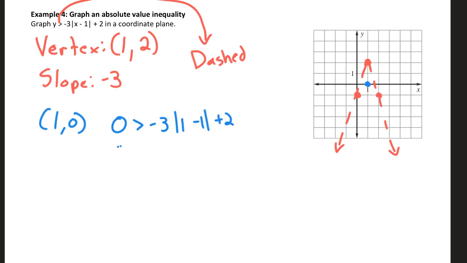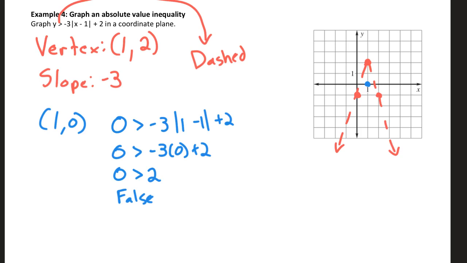The absolute value of 1 minus 1 is the absolute value of 0, which is 0, plus 2. So that becomes 0 is greater than 2. So that is false. So I'm not going to shade inside the V shape.